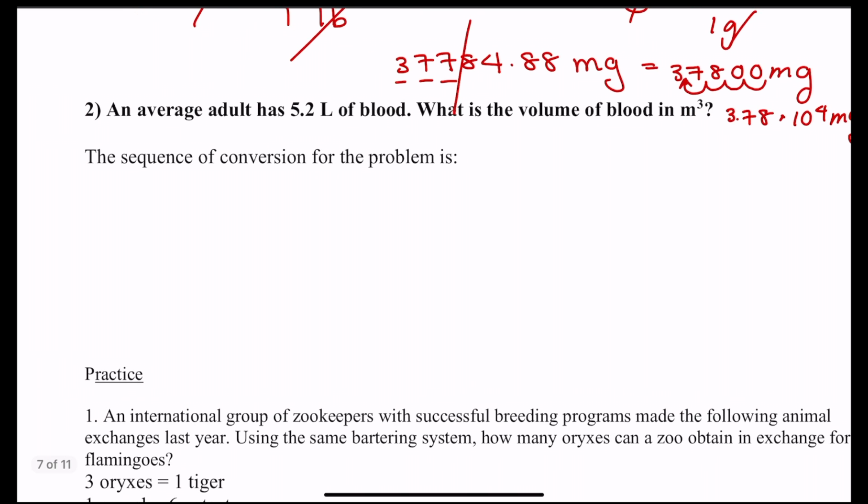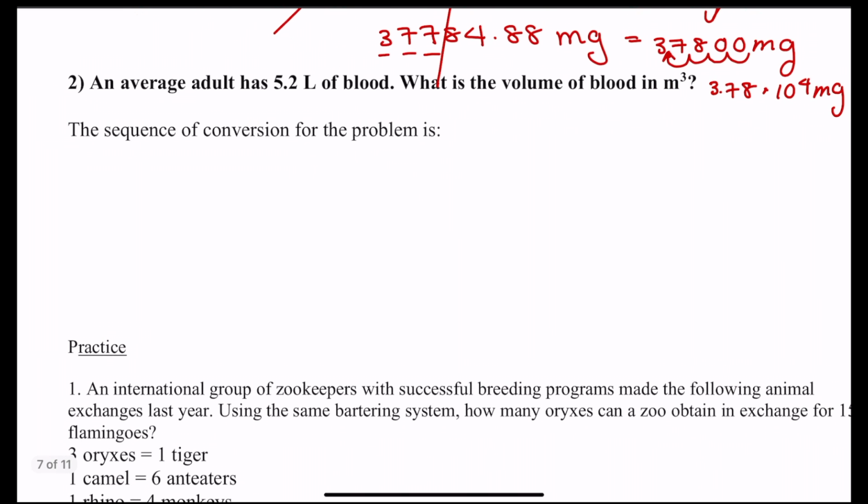Now moving on to this question. This question is dealing with the second hint that I gave you guys in the beginning of this video, about making sure you consider your unit as a variable, like an x.